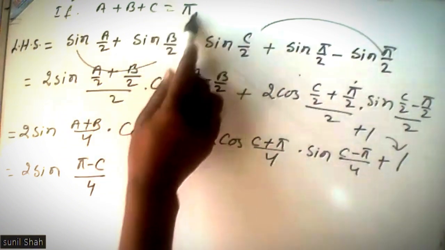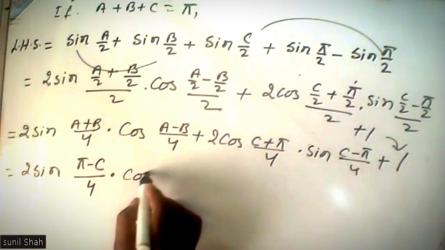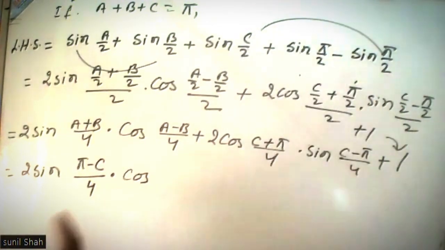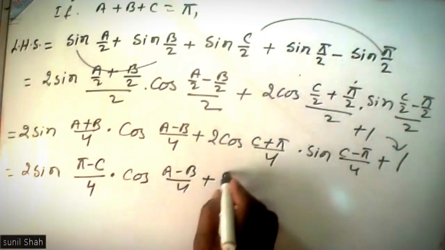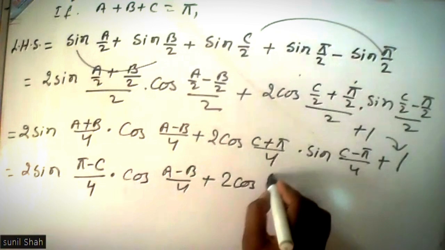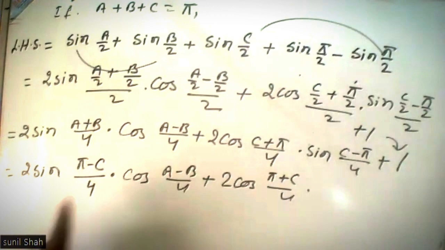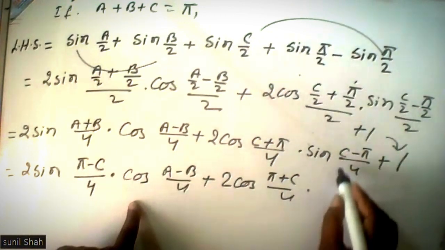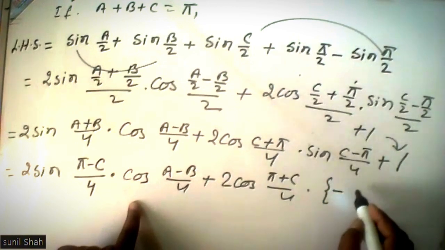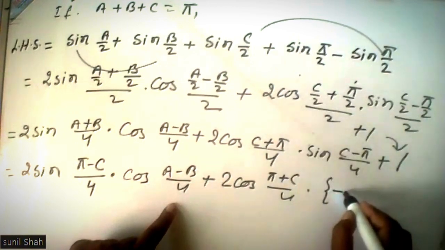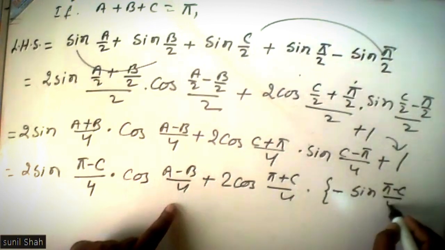A plus B is equal to pi minus C, so this is (pi minus C)/4 into cos (A-B)/4 plus 2 cos (pi+C)/4 into, okay, we need pi minus C, not C minus pi. So minus C is taken common. It comes out. Sine minus theta is minus sine theta.